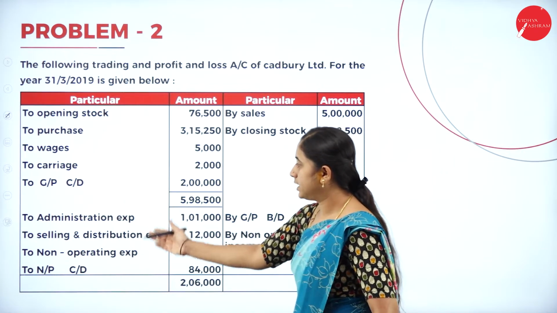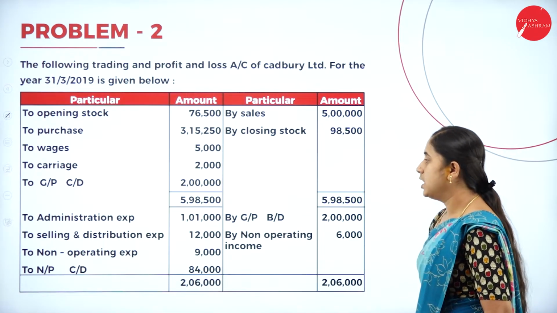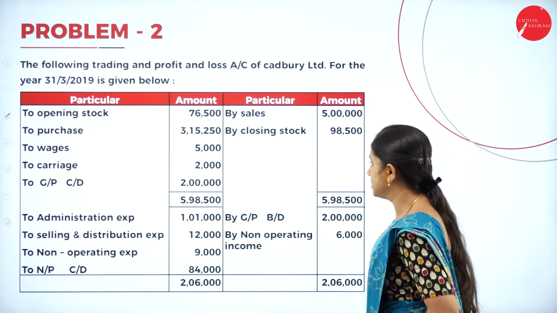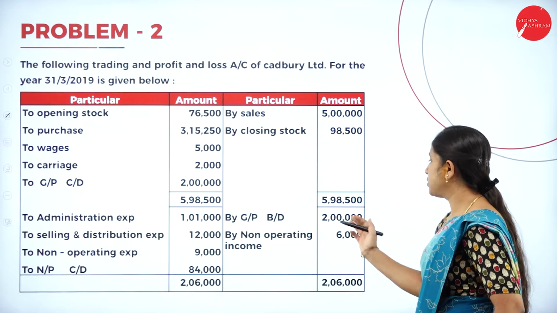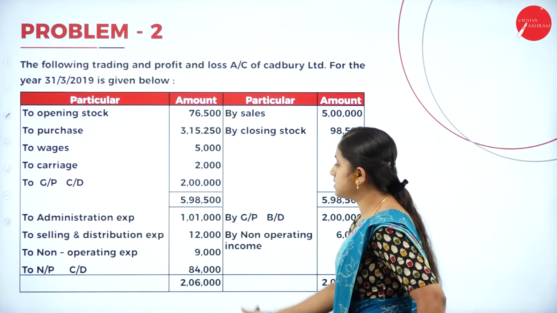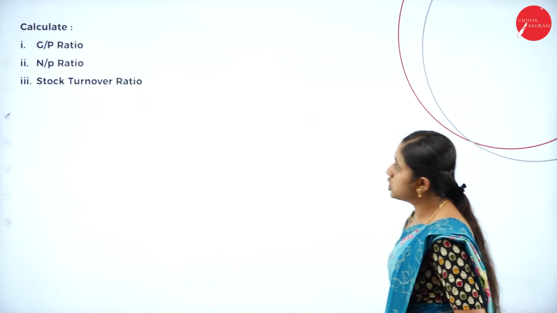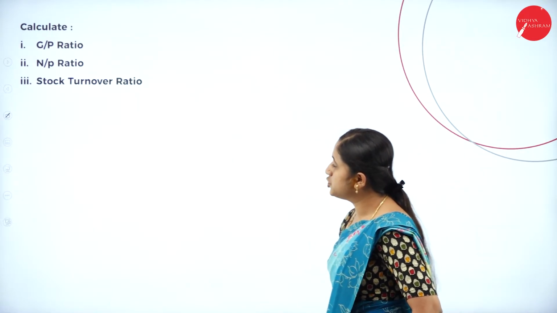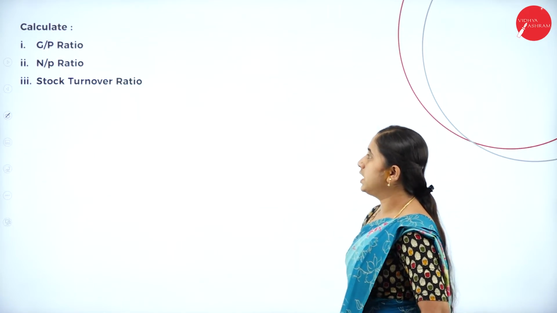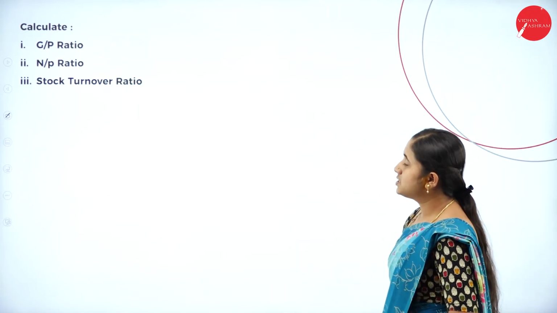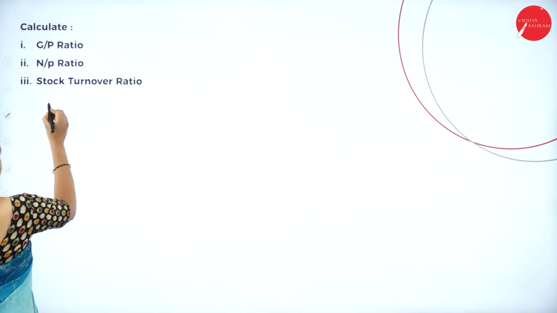We have indirect expenses, administration expense, selling and distribution expense and non-operating expenses. Here we have non-operating income also. We need to calculate gross profit ratio, that is GP ratio, net profit ratio, NP ratio, then stock turnover ratio.